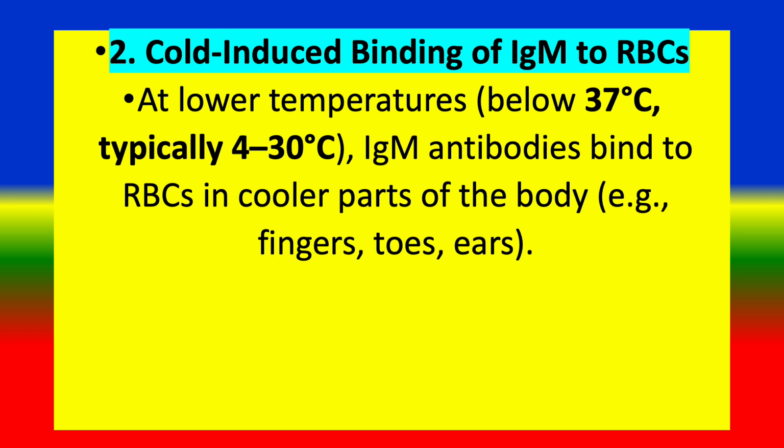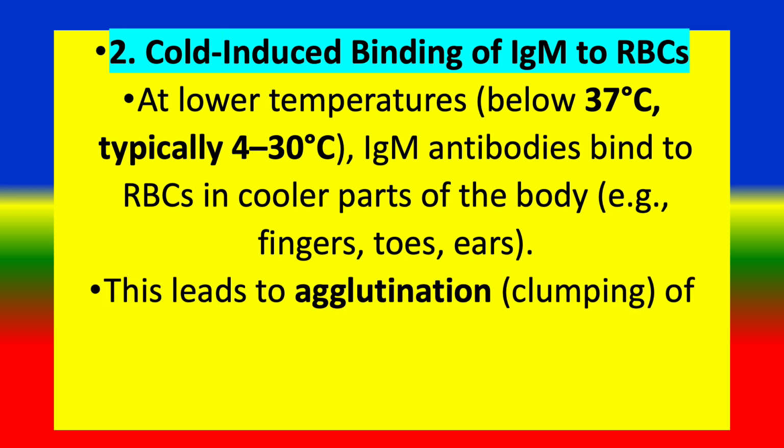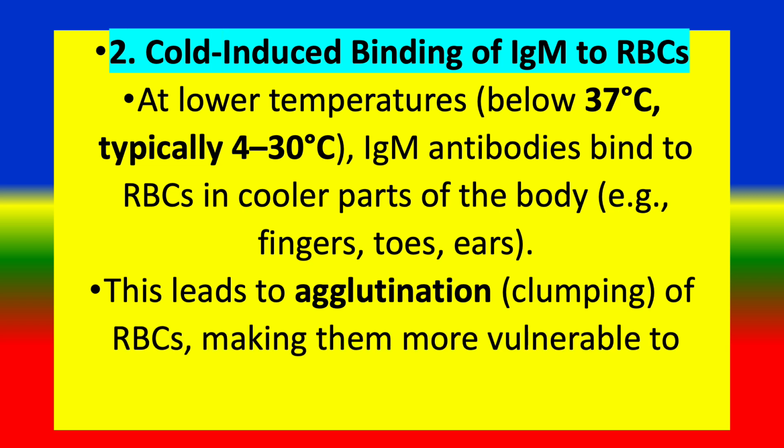Example, fingers, toes, ears. This leads to agglutination, clumping of RBC, making them more vulnerable to destruction.